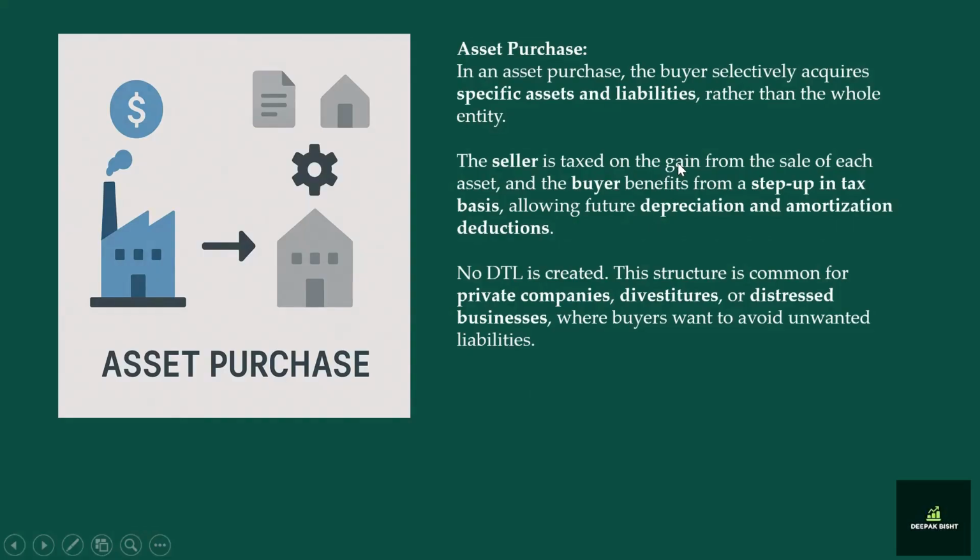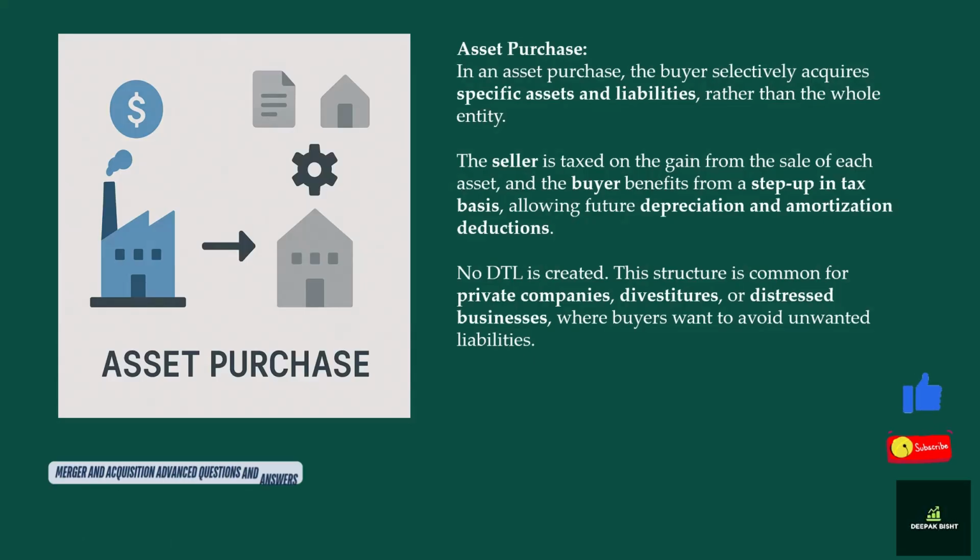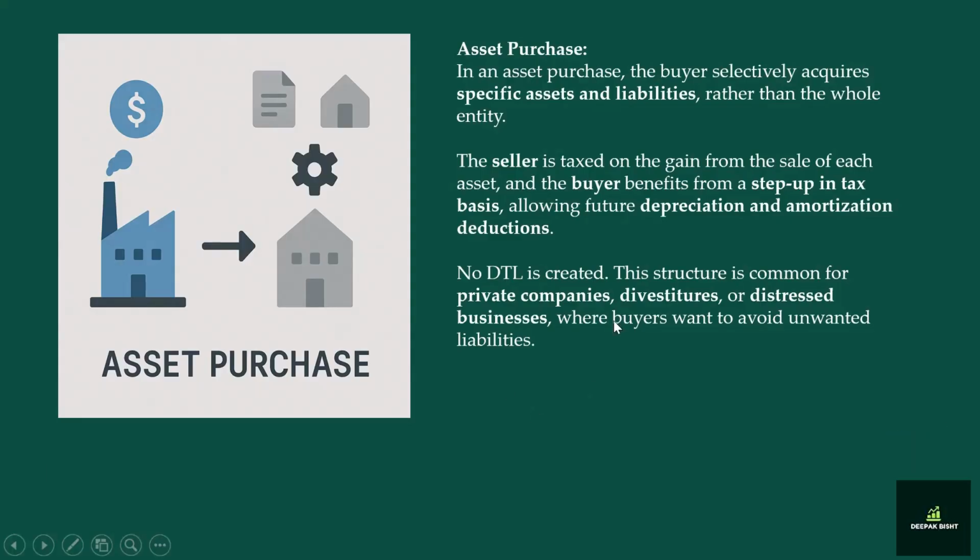It's like going into a bakery that's closing down and just buying the ovens, the recipe, and the brand name, but not taking over the old lease or the bakery's debt. So it's an asset purchase deal.